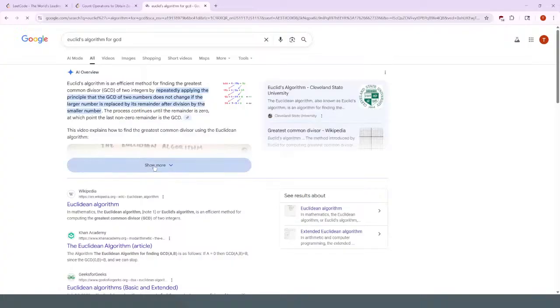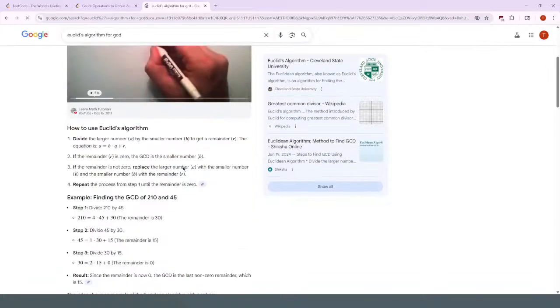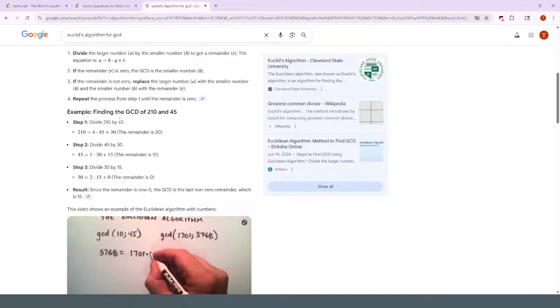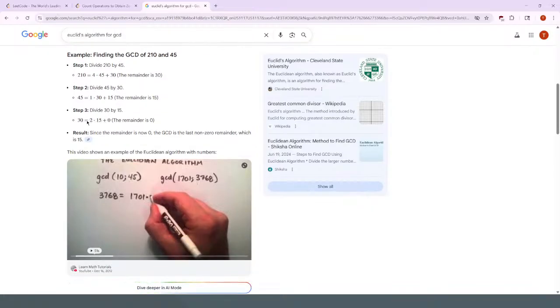What is this? Okay. Yeah, so if it becomes 0, since the remainder is now 0, the GCD is the last non-zero remainder.